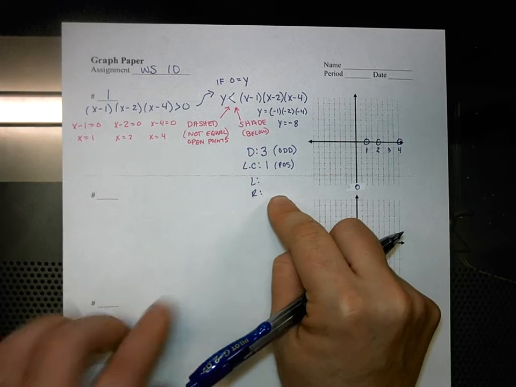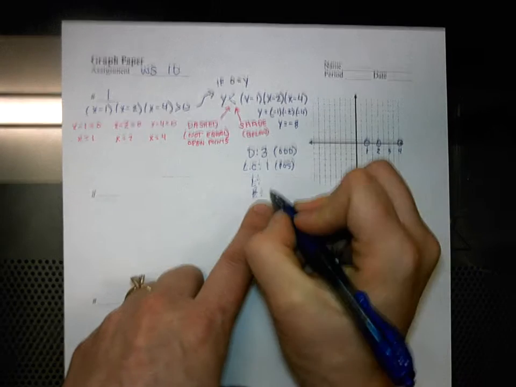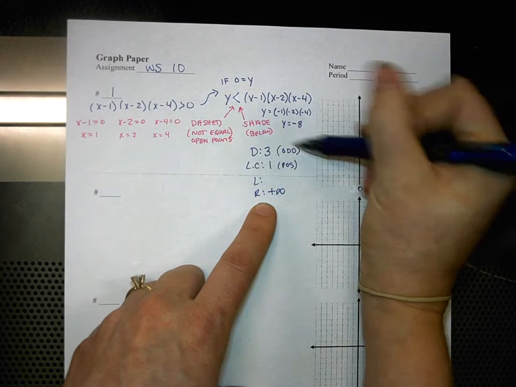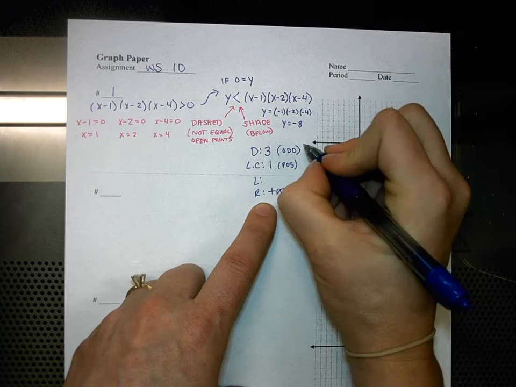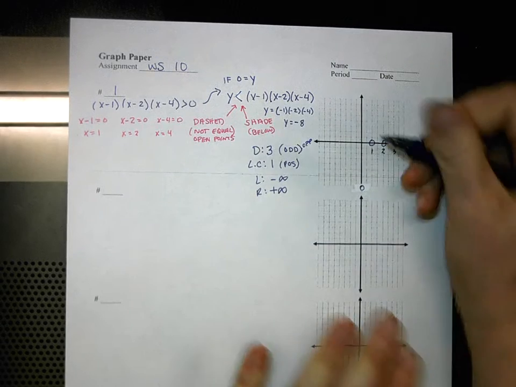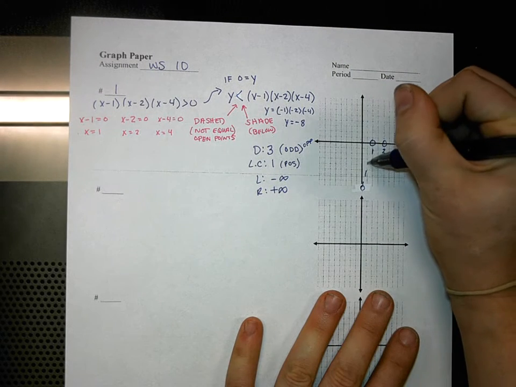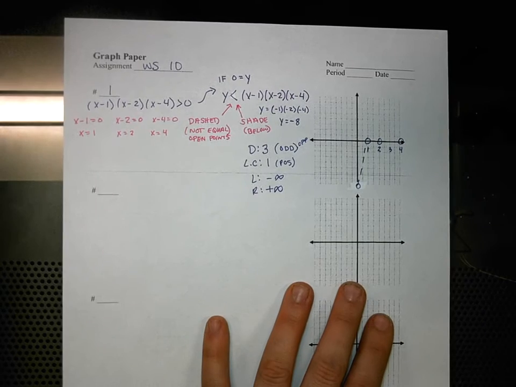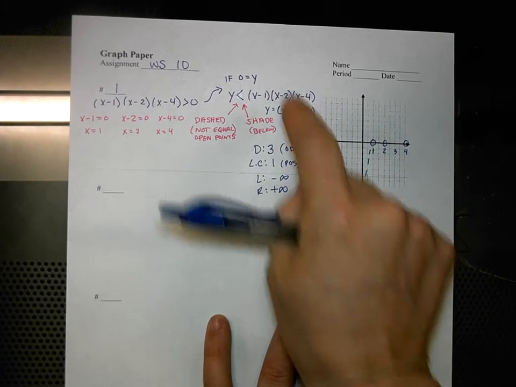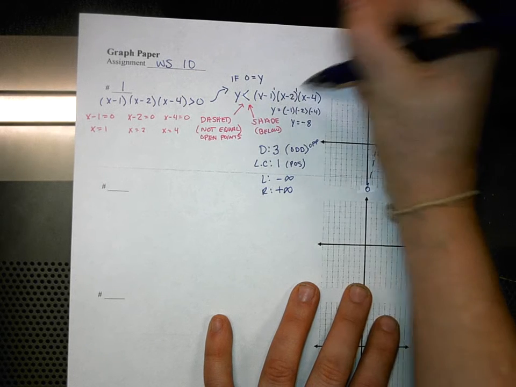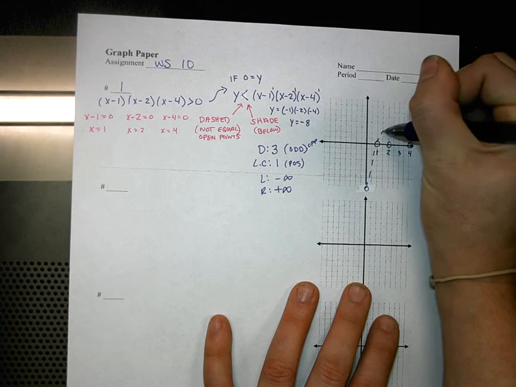The right side, and that matches the leading coefficient, so positive. And if my two end behaviors are opposite, then the left is negative. So you could have probably figured that out by drawing this in, but do I have any bounces? No, these are all to the first power, so no bounces. We're going to pass through every point.